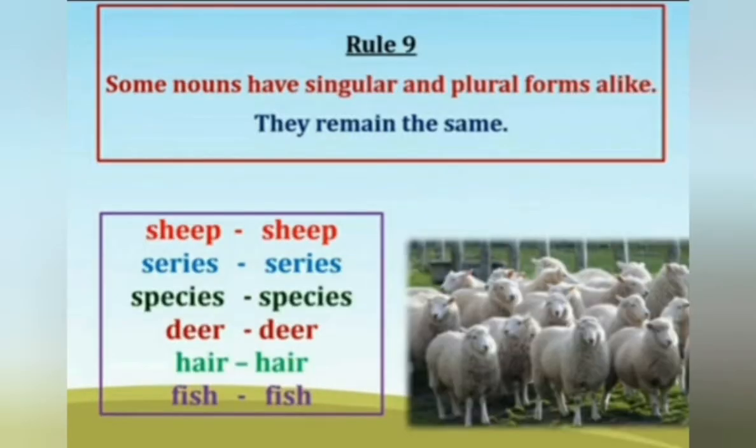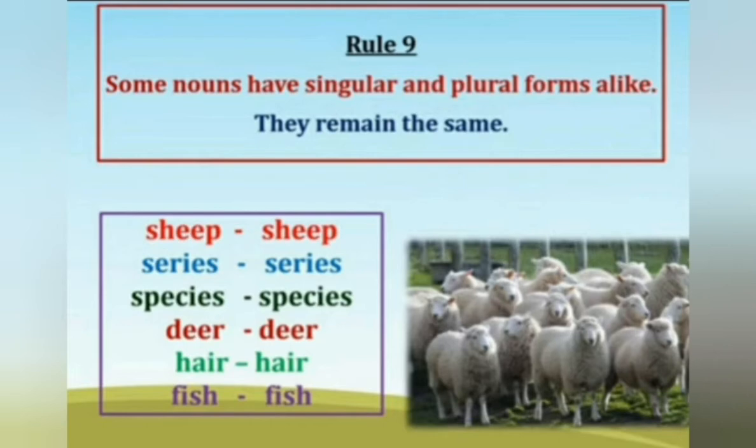Next, rule number 9. Some nouns have singular and plural forms alike. They remain the same. It means there is no change in the singular and plural forms of some words like sheep. The singular form of sheep is sheep and the plural form of sheep is also sheep.